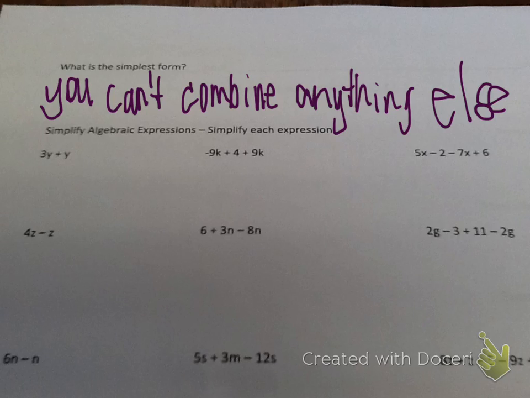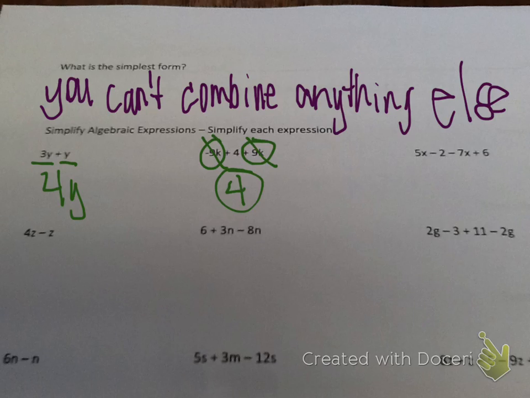For example, 3y plus y. So that's 3 y's and 1 y. That makes a total of 4 y's. Negative 9k and positive 9k, they make 0, so they just disappear. And we have 4 left. So that one could be solved down to just one answer, but that's not always the case.